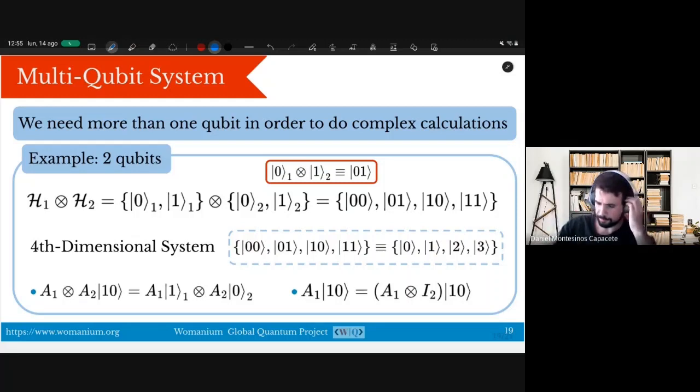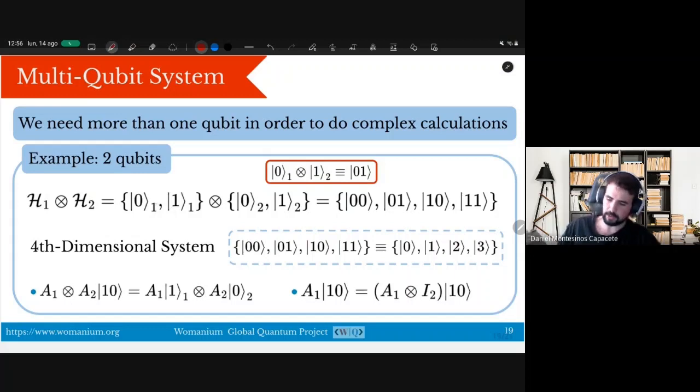The idea is always the same, depending on some mathematical details. So if you have two qubits, let's say you have H1 and H2, and each of these Hilbert spaces is just a qubit, right?